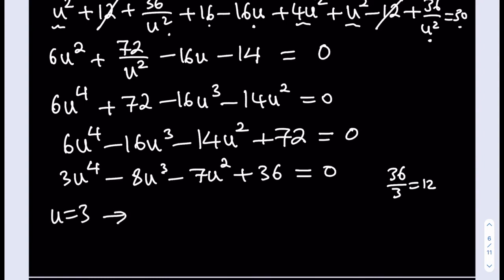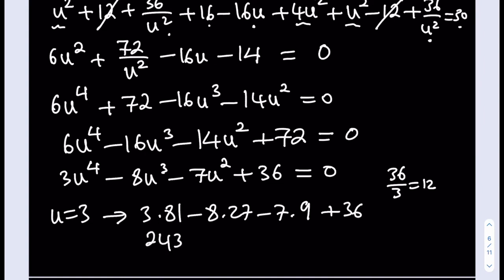Let me go ahead and verify that here. 3 times 81 minus 8 times 27 minus 7 times 9 plus 36. Now this is 243, and 8 times 27 is 216, minus 63 plus 36.